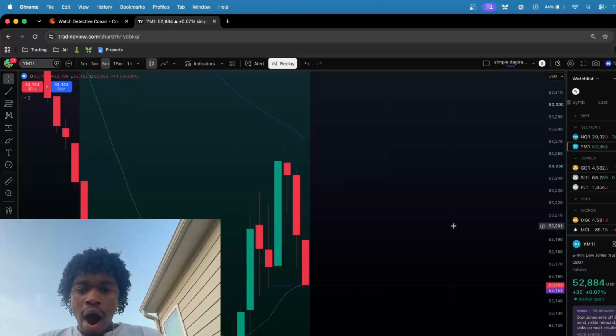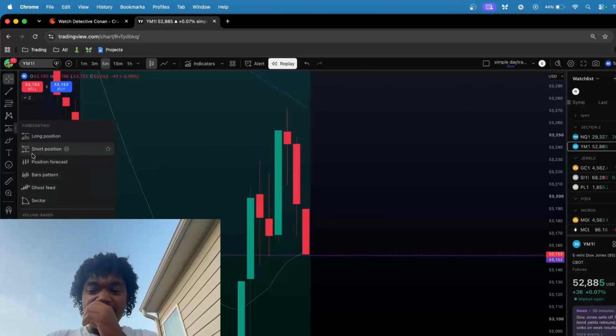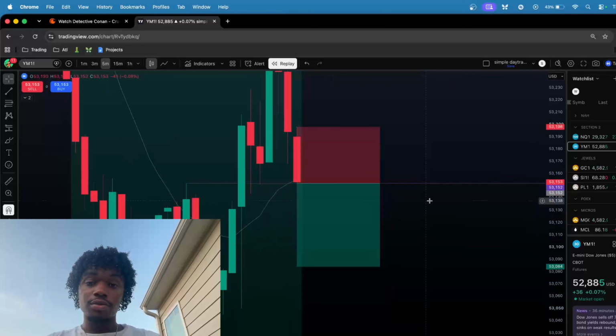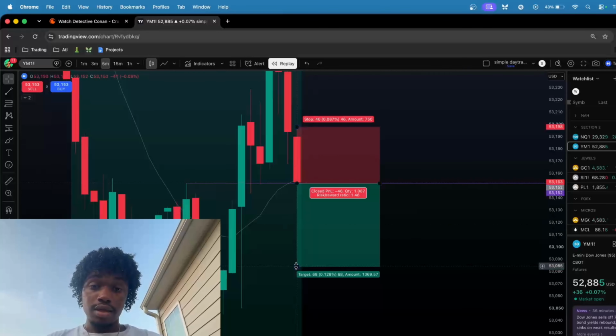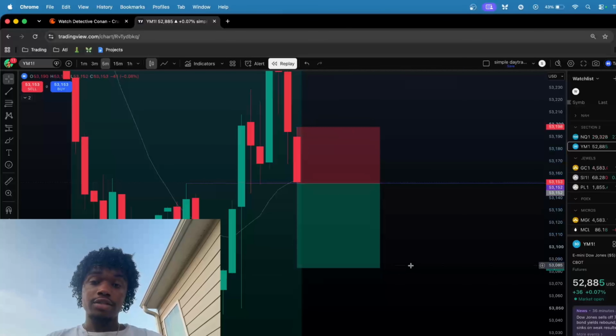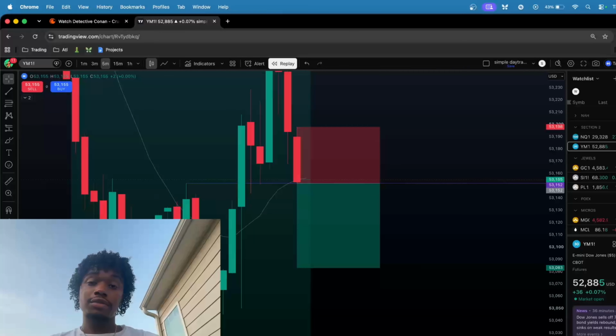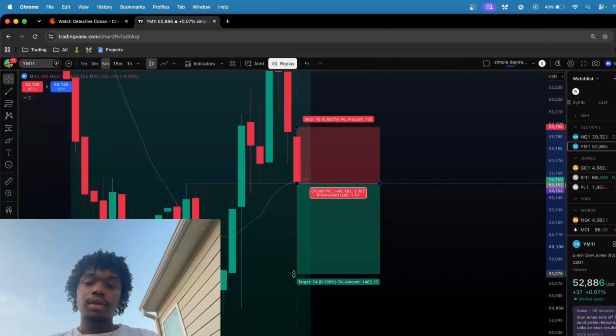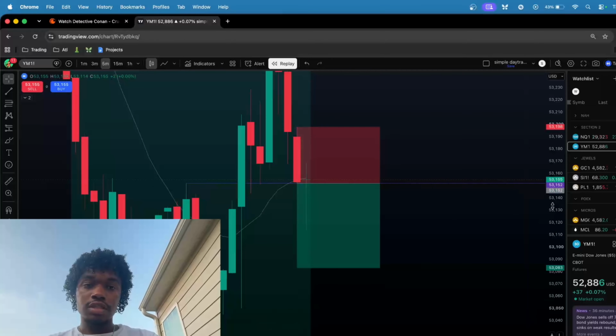But excuse me, we had this right here. It was high in the zone, so we couldn't enter yet. We had to wait for the candle after this. If it came back to our entry, then we would enter. So this, it didn't hit 1 to 1 yet, so I was still able to get in. And then boom, this is another 3 candle.